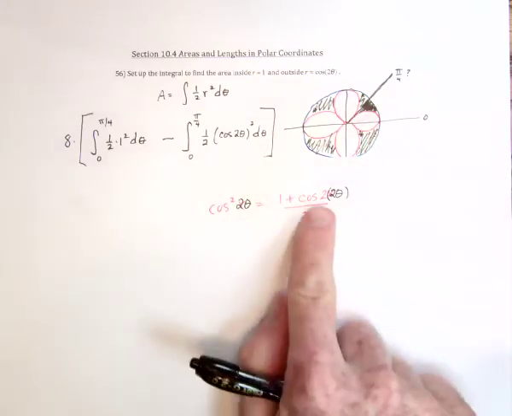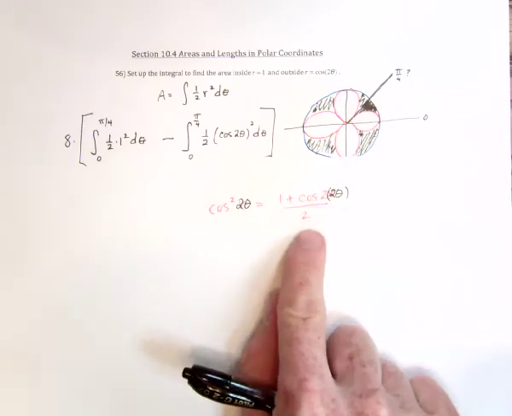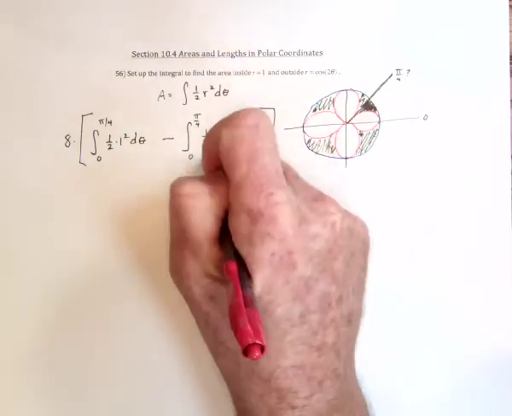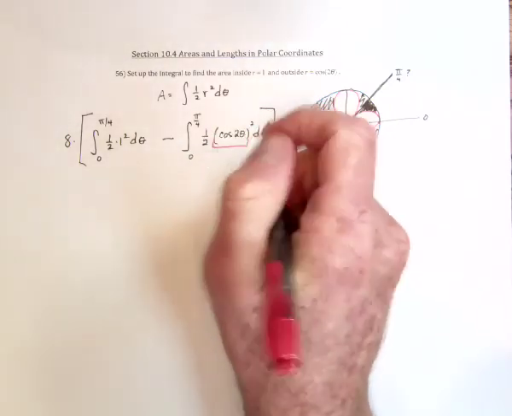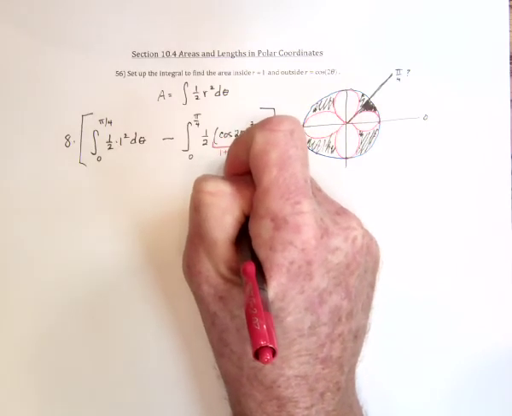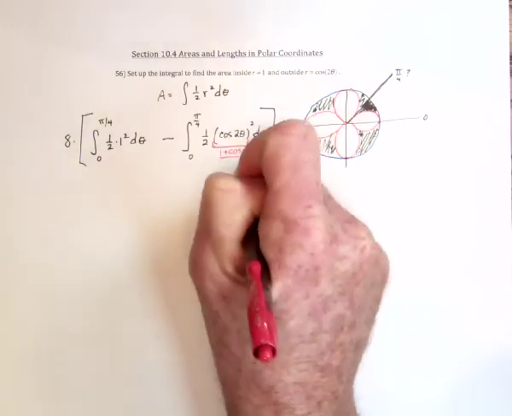So for us, it's actually going to be 1 plus cosine of 4 theta divided by 2. So just for this part right here, we would have 1 plus cosine of 4 theta divided by 2.